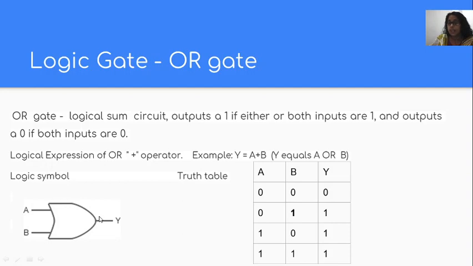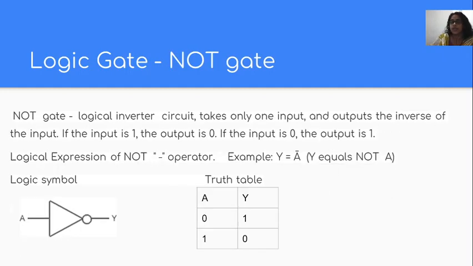I mean the order in the symbol. In this symbol, A is first and B is second, so we will write this equation as A or B. And the truth table: 0, 0 gives 0; 0, 1 gives 1; 1, 0 gives 1; and 1, 1 leads to 1. So this is a logical sum circuit.